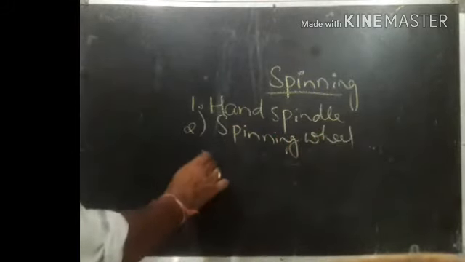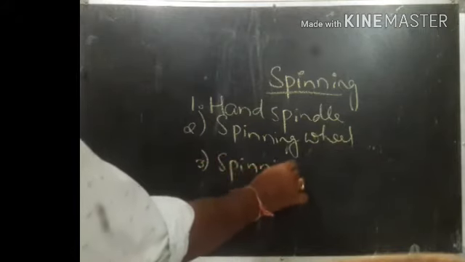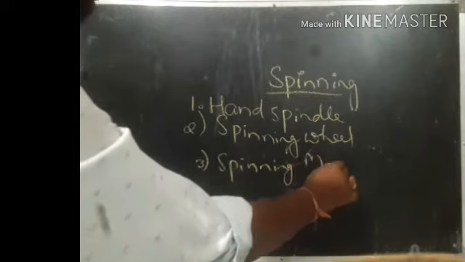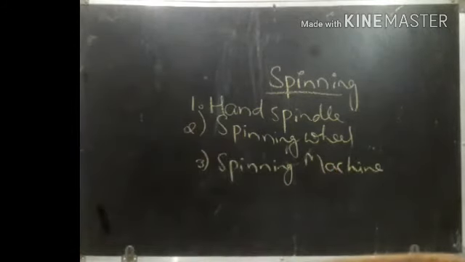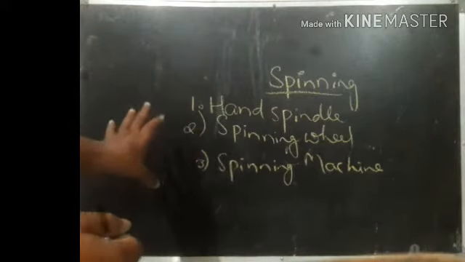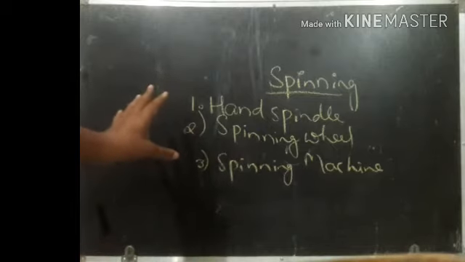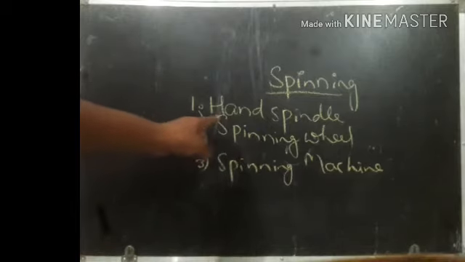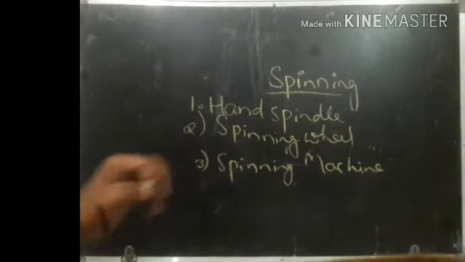Number three, spinning machine. So here we can use three devices to prepare the yarn from the cotton fiber. What are those? Hand spindle, spinning wheel, spinning machine.